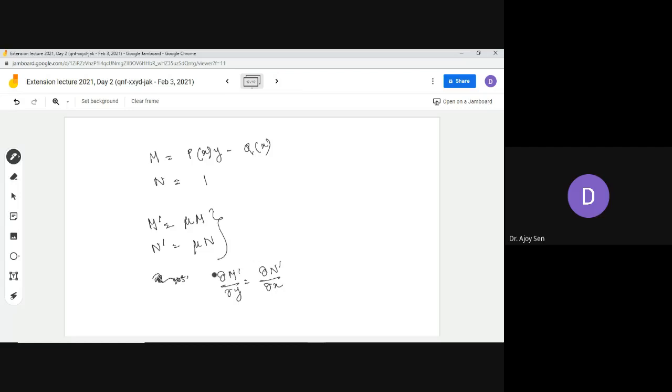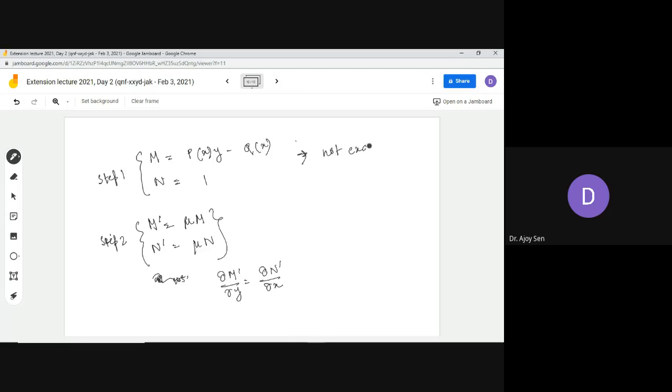So this is step 1, and this is step 2. Why? Because from this you will conclude that it is not exact.